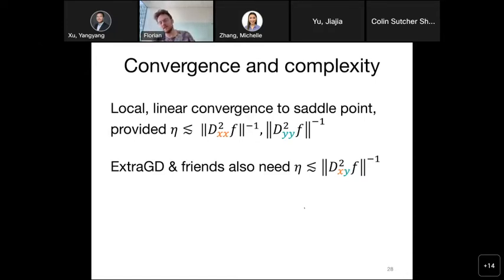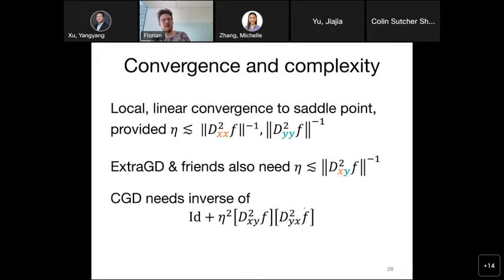And this particularly ties nicely with the next problem that maybe some of you already had in mind, that CGD needs us to compute the inverse of a matrix. So for instance, this matrix here, identity plus eta squared, dxy, dyx. So this is in the zero-sum case. And what's very nice now is that basically whenever eta times dxy is small, this inverse can be computed very quickly using conjugate gradient methods, or more general Krylov subspace methods.